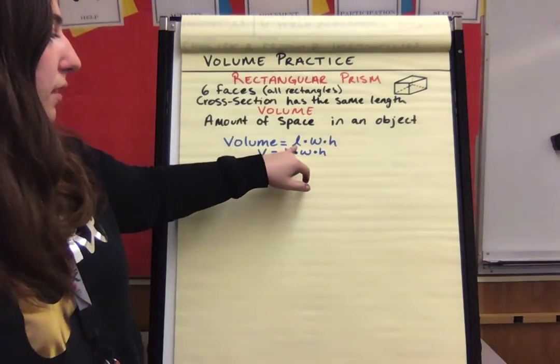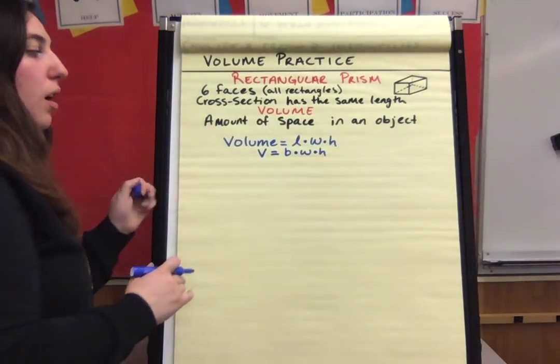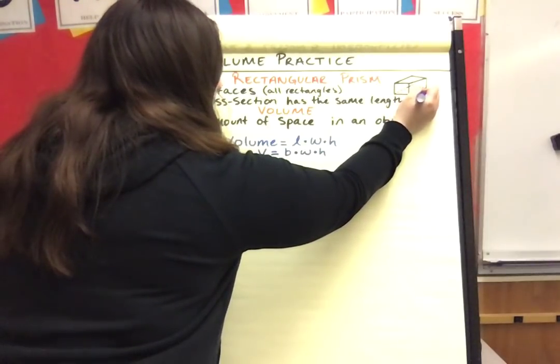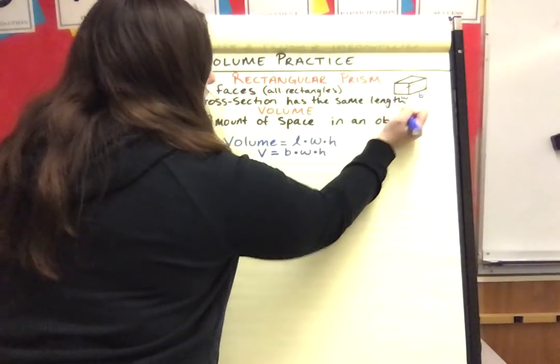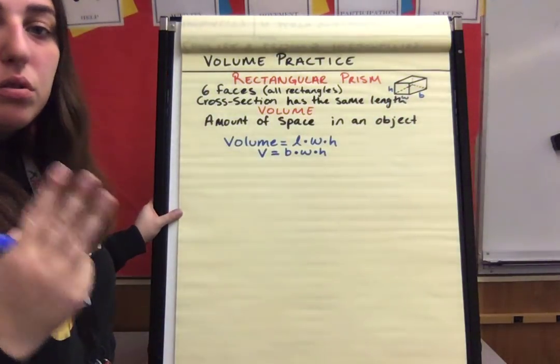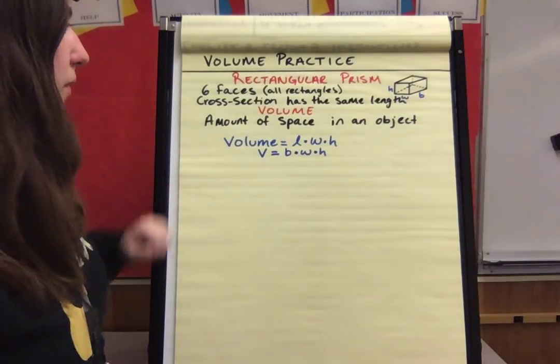So that's why I replaced the length with the base. Same thing though, you use whichever one you want. So we can say base times width times height. Okay, so we are multiplying those three things. And when we multiply those three things, we will get the volume.